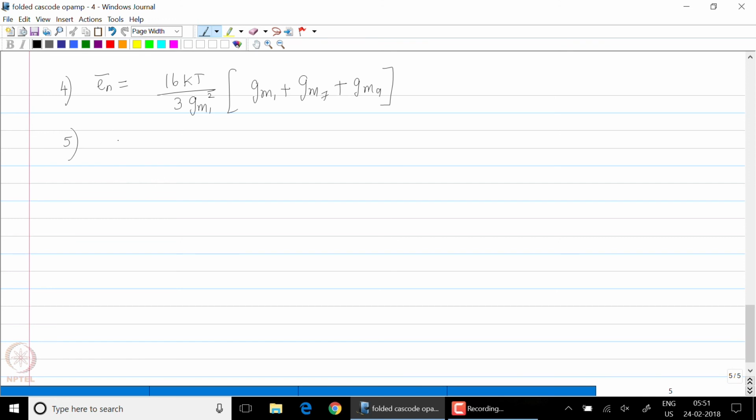And the input referred offset is going to consist of the offset of VT1 and 2 directly appearing at the output, and you have scaled versions of VT7 and 8 and VT9 and 10.